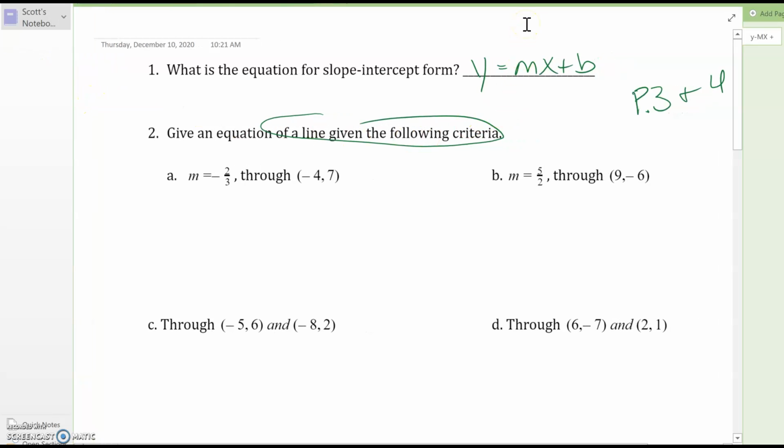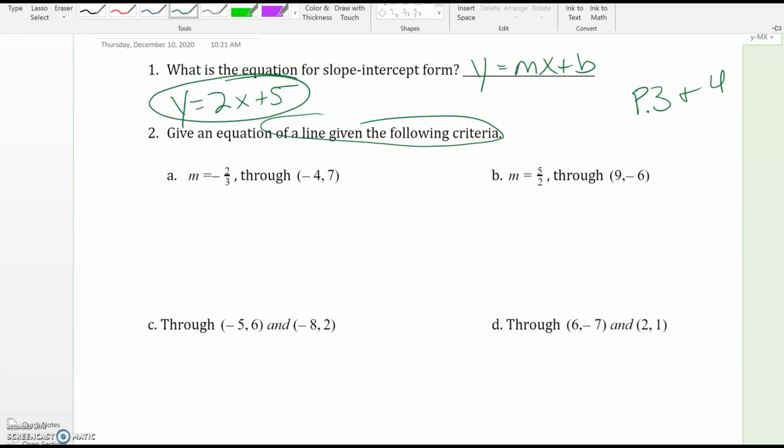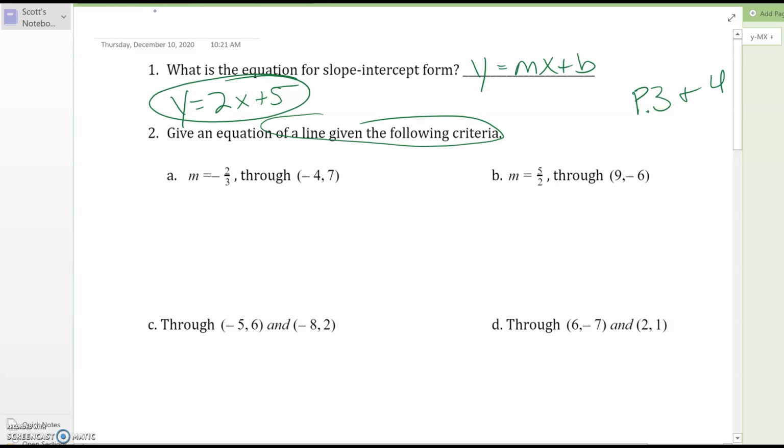Okay, so an example would be y equals 2x plus 5. All of your answers for this top part should look something like that. So go ahead and, using y equals mx plus b, see what you get for number 1, or number 2a. 2a.